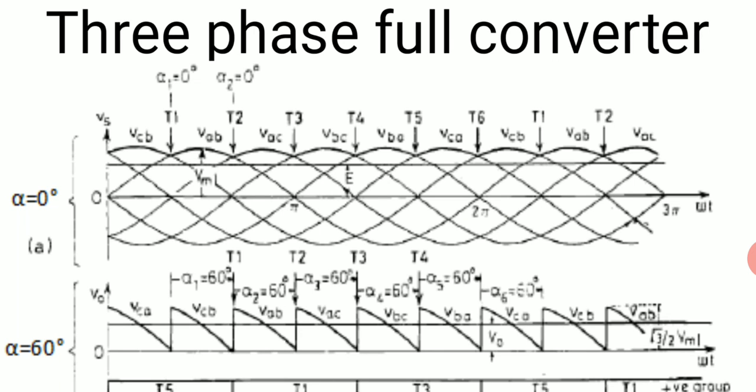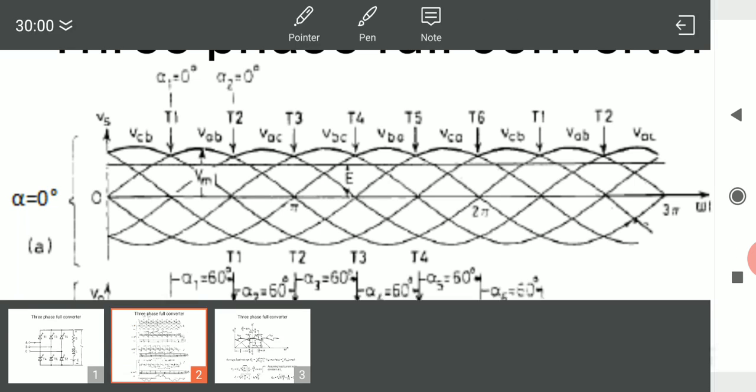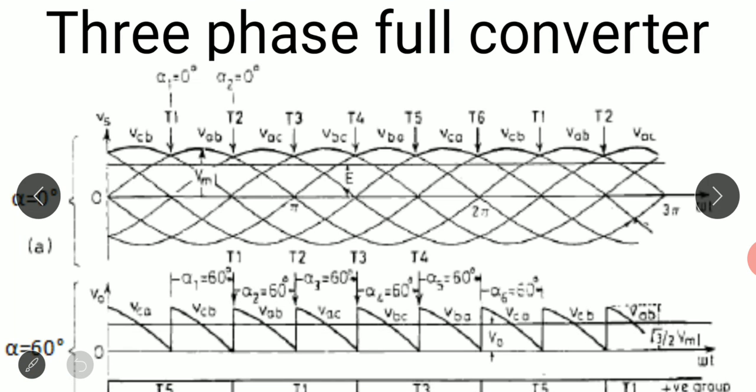So, we have six set of line voltages: VAB, VBC, and VCA. VBC lags behind VAB by 120 degree, and VCA lags behind VBC by 120 degree.